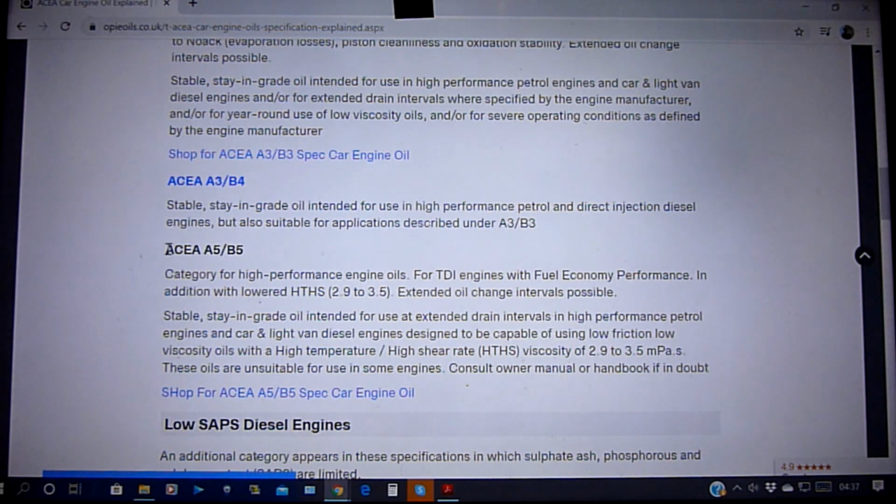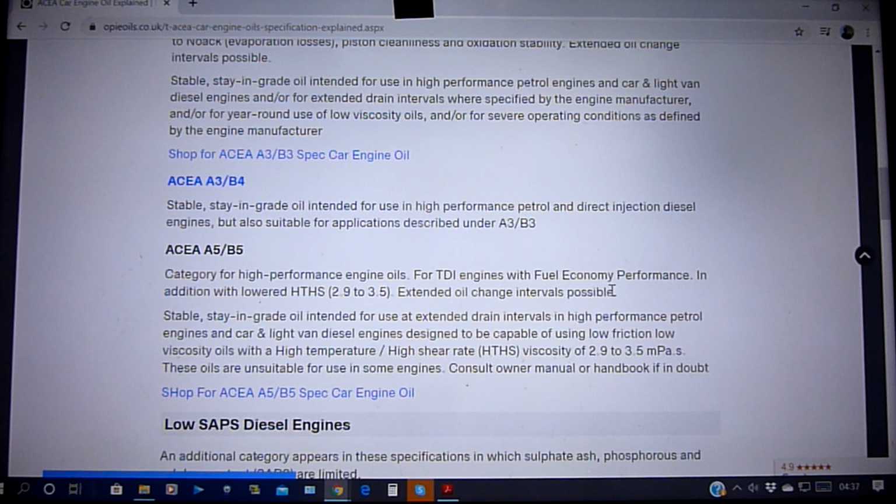So this is the one. Look, remember this number that was in the owner's manual? ACEA A5/B5 high performance for diesel injection oils, turbo diesel with fuel economy performances. So those two things in mind.